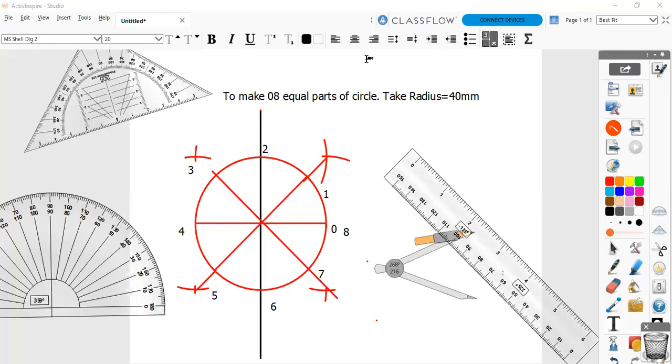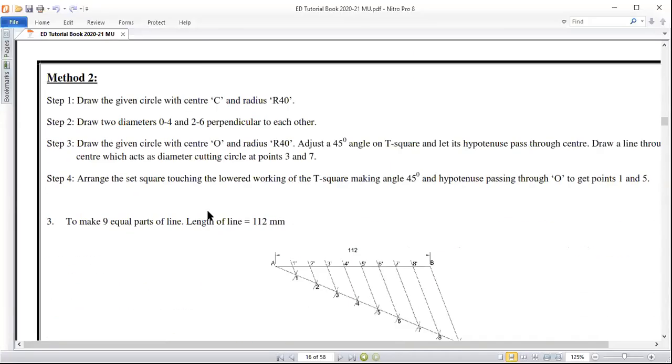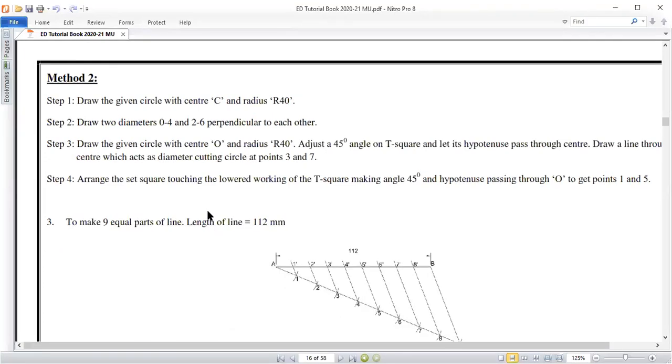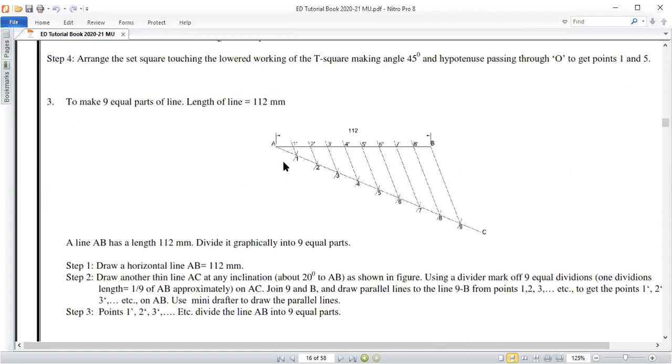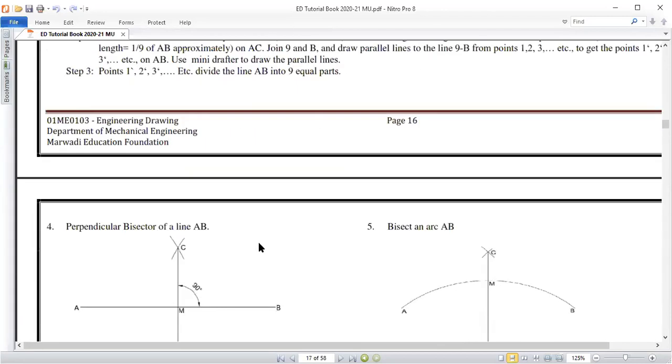Now the next task is to draw the given circle. This is method 2 of doing it, right?